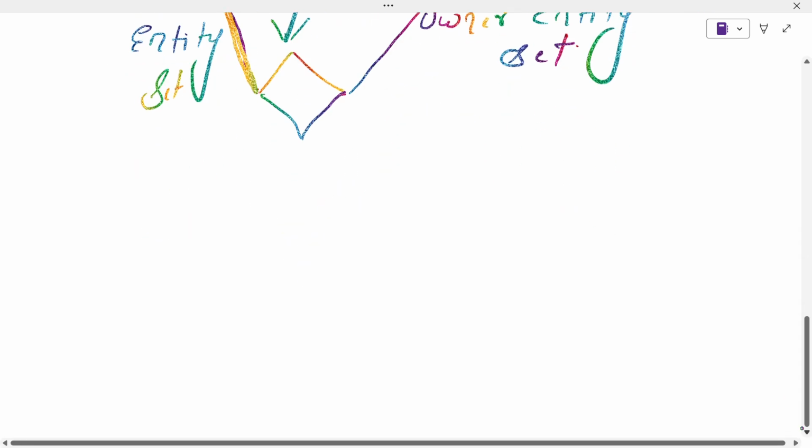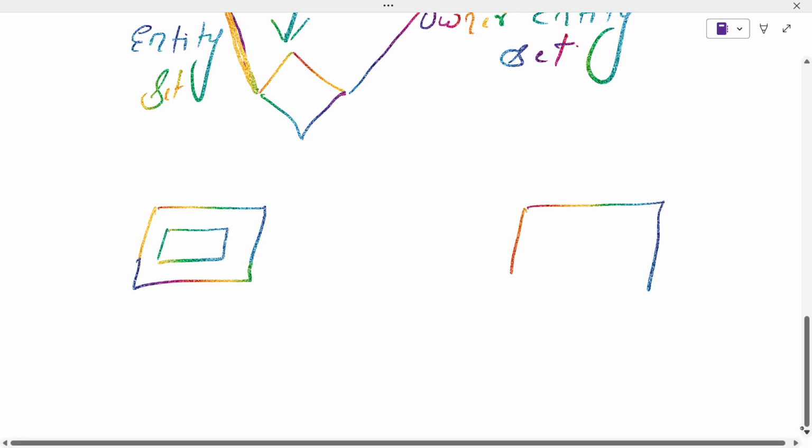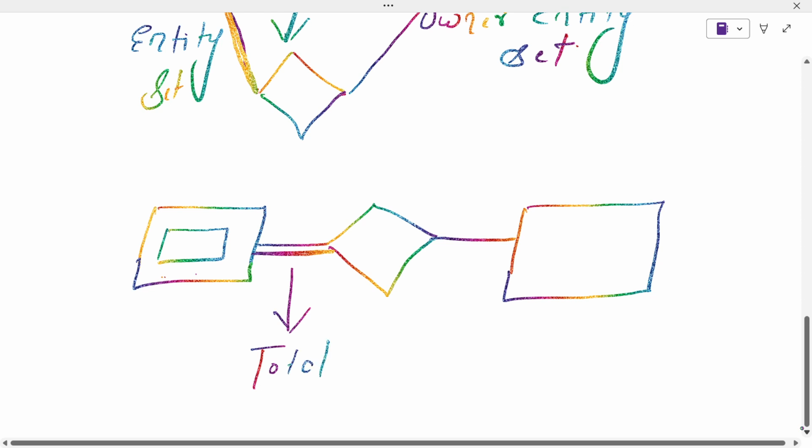So if this is the weak entity set and it depends upon a strong entity set, there should be a relationship between the entities of these two sets. And since we want to distinguish each entity from each other, all the entities must be involved in this relationship. So there should be total participation at the weak entity set.